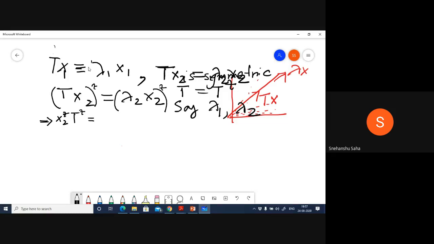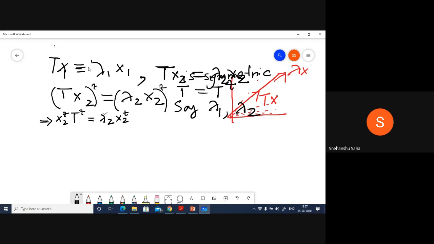Lambda is a scalar, so the only vector that you are dealing with is x2. If you take the transpose of a scalar, it remains the same because it's just a number. So don't worry about lambda. Lambda 2 will remain lambda 2, and this will be x2 transpose.